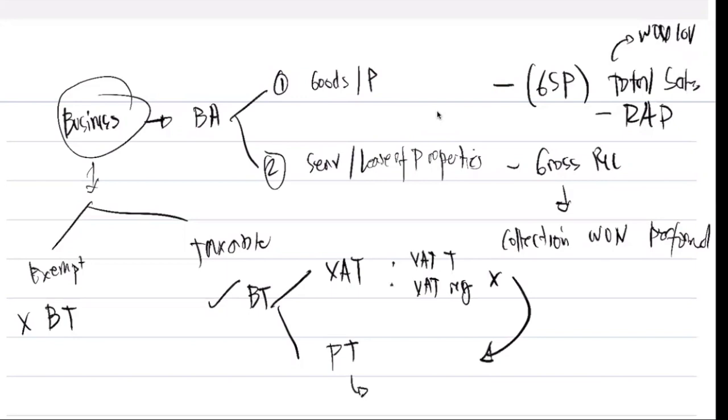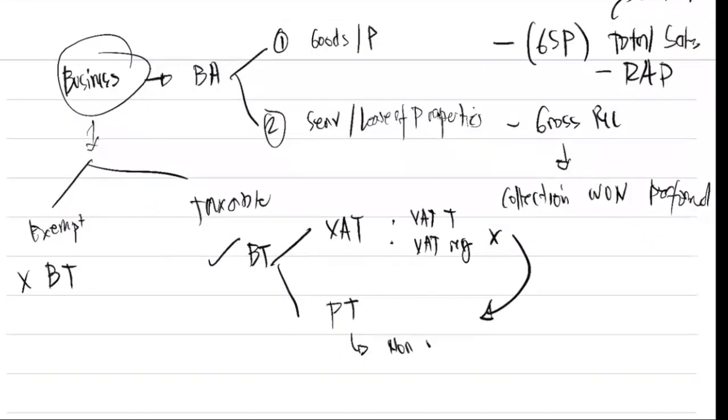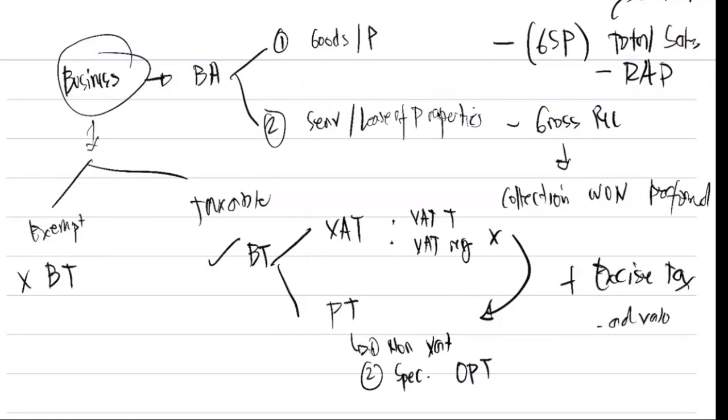Other items subject to percentage tax: first, you have your non-VAT registered. Another is those specific transactions that are taxed at percentage tax, so other percentage tax or OPT. Okay. And aside from paying VAT and percentage tax, you can also pay excise tax because this is considered an ad valorem tax.